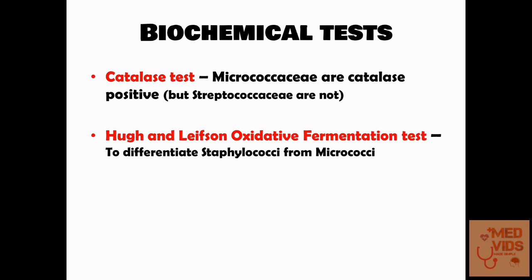In order to differentiate them, we perform this test. Staphylococci produce a fermentative pattern, whereas Micrococci produce an oxidative pattern. Once we confirm the presence of Staphylococci with these tests, we proceed further.